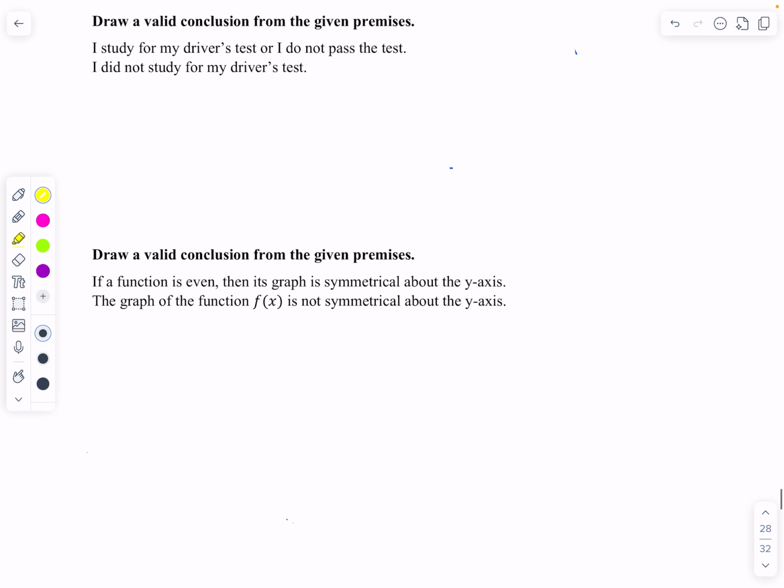Okay, draw a valid conclusion from the given premises. I study for my driver's test, or I do not pass the test. I did not study for my driver's test. Okay, so let's match these up. So I study for my driver's test is going to be P. And Q is I do not pass the test.